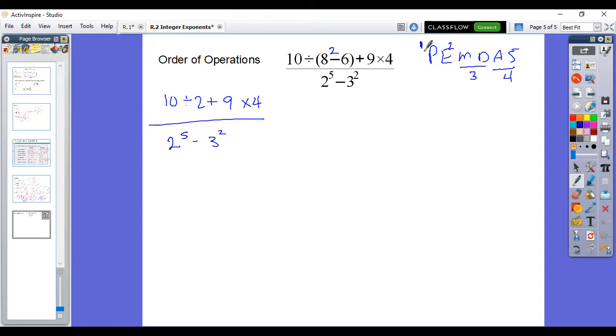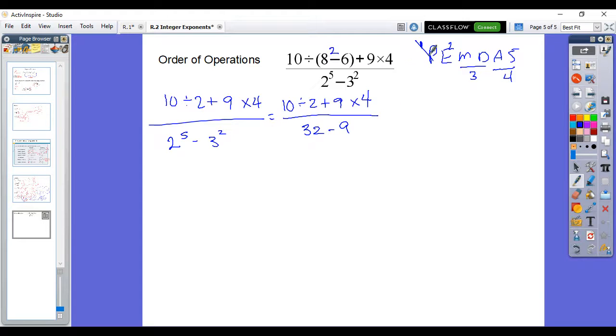Alright, so no more parentheses, so that's gone. So next up is exponents. Is there any exponents? Yeah, right here. 2 to the 5th. Okay, so 2 to the 5th becomes what, class? Yeah, 32 minus 3 squared is 9.